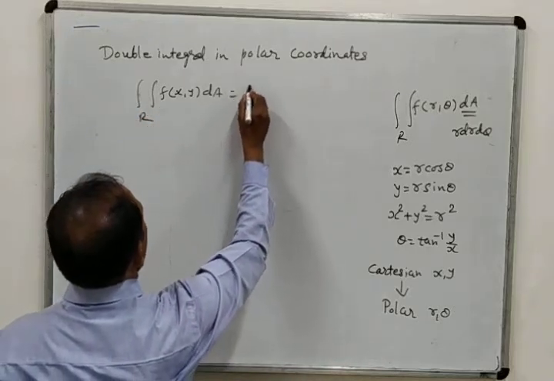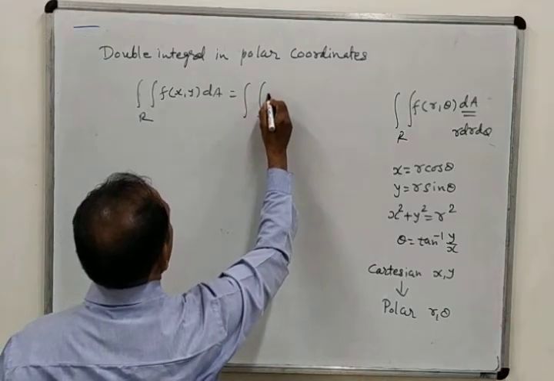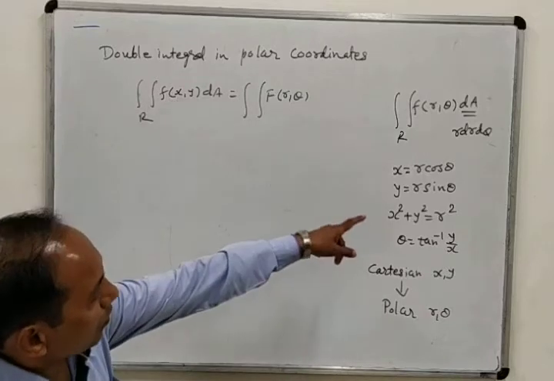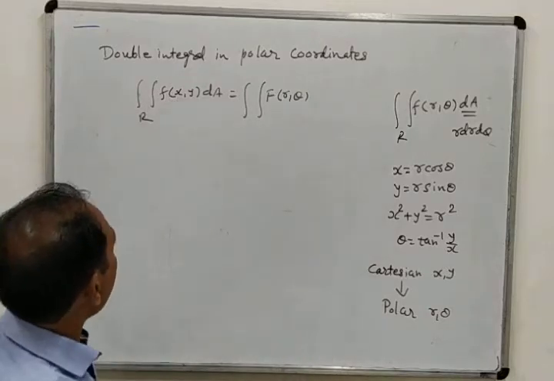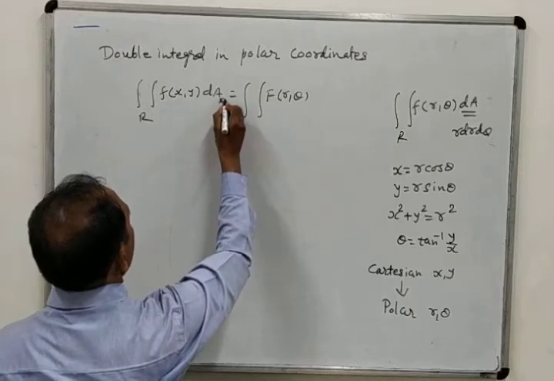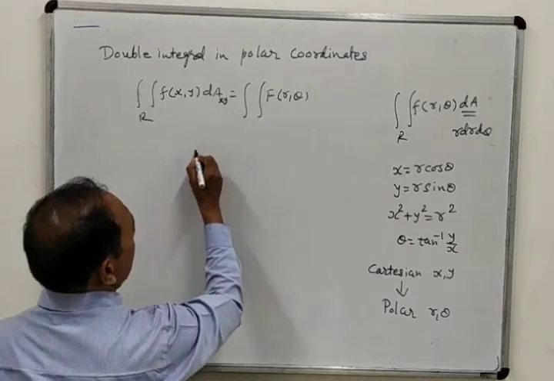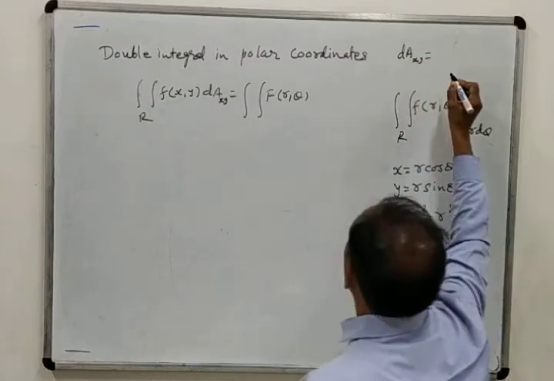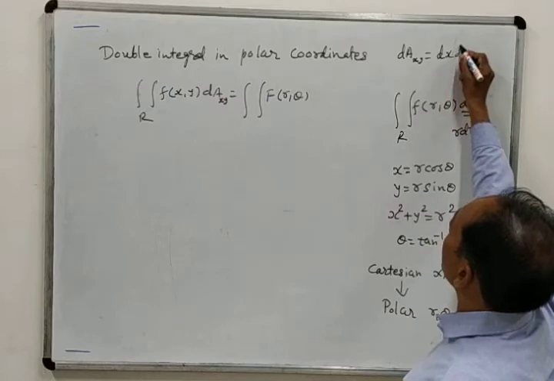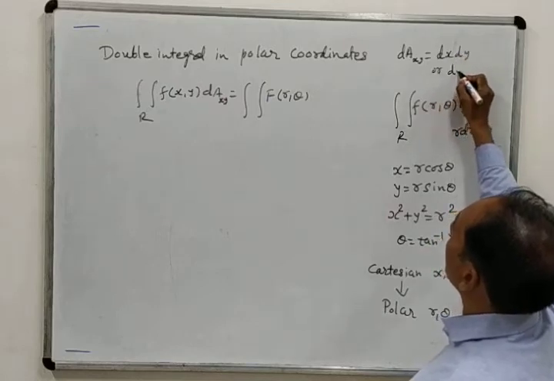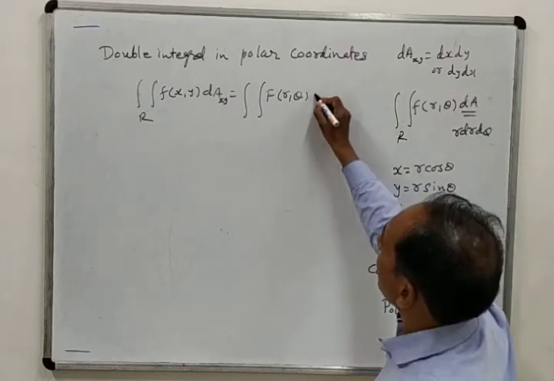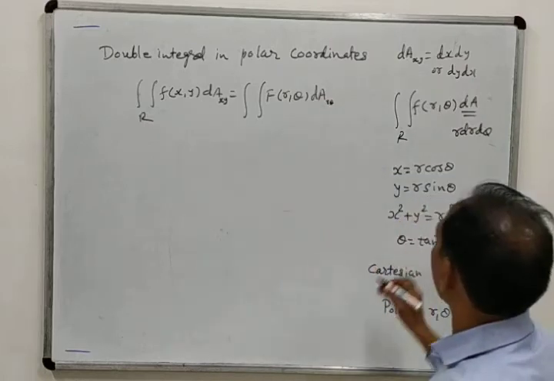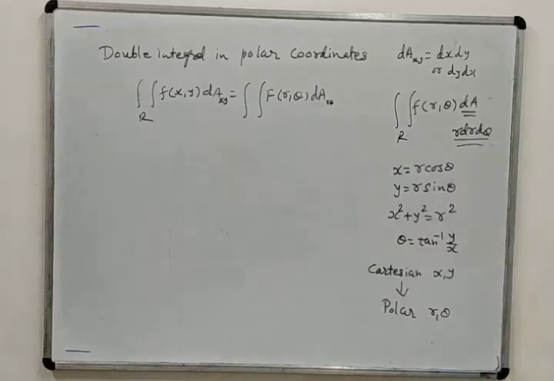Then this problem can be converted into polar form, that means a function of r and theta, by putting x equal to r cos theta and y equal to r sin theta. dA in Cartesian form is nothing but dx dy or dy dx, and dA in polar form is r dr d theta.